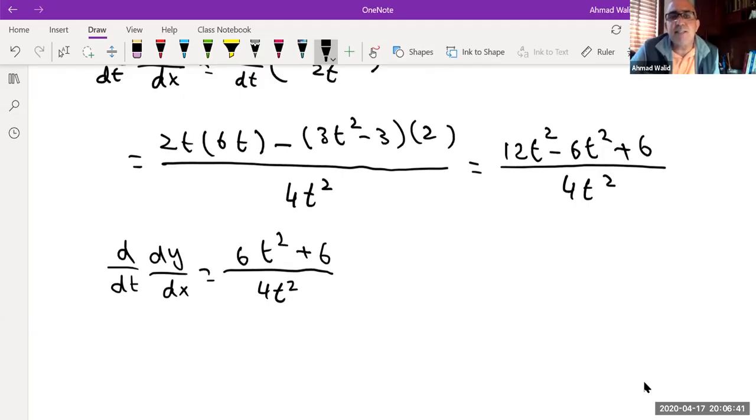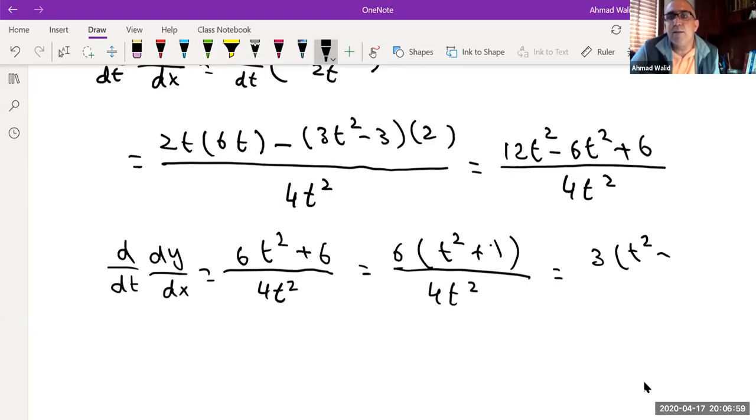Can I factor out 6 in the top? Yes. Then 6 times (t squared plus 1) over 4t squared. Reduced by 2, it gives you 3 times (t squared plus 1) over 2t squared. But I'm not done yet.